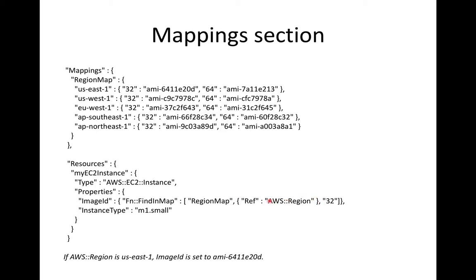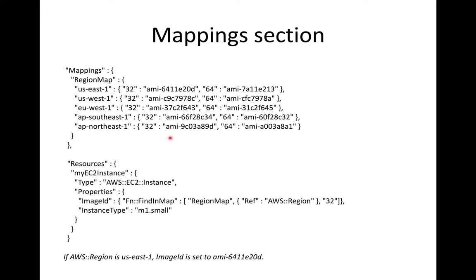If we're running this template in us-east-1, then the FindInMap function will map the call to the us-east-1 key. And then finally, we're providing the sub-key within that key, which is 32, which is here. The FindInMap function then will return the value associated with this sub-key, which is this AMI right here.